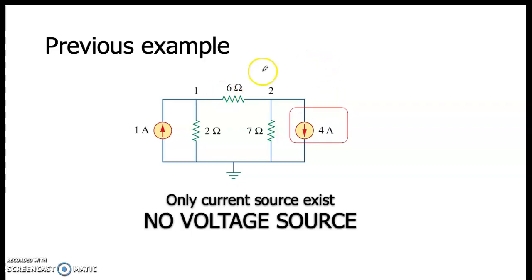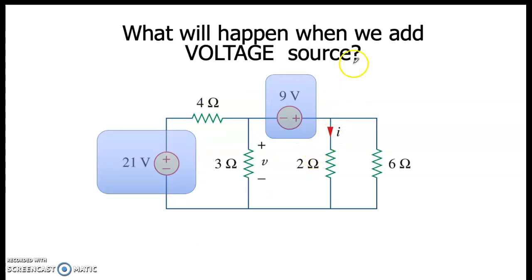Okay, as shown in the previous example of the nodal analysis, what you have is only the current source at the left and right. There is no voltage source inside your nodal analysis in the previous example. Okay, now what will happen when we add the voltage source?